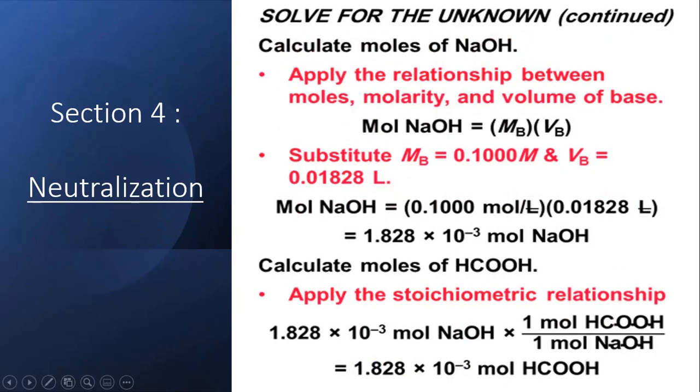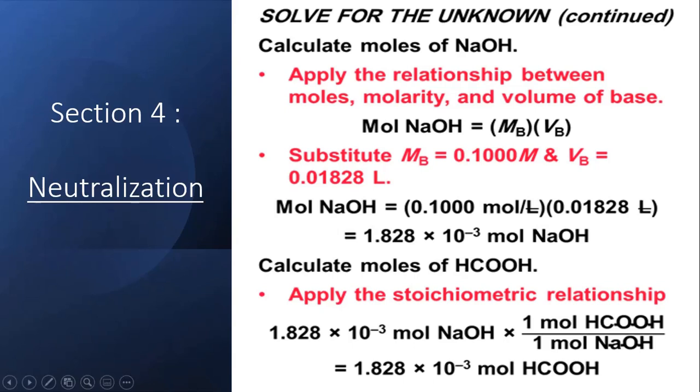Okay, so apply the relationship between the moles and the molarity. You know this from previous chapters. Moles of NaOH equals CV, or molarity times volume. So the number of moles of NaOH, we need to calculate it. We get that from multiplying the molarity or the concentration of that base by its volume.